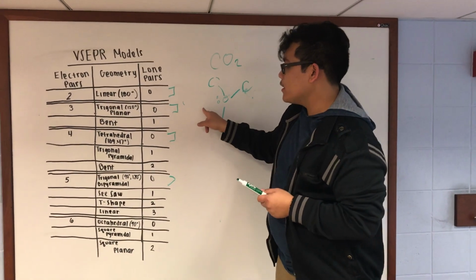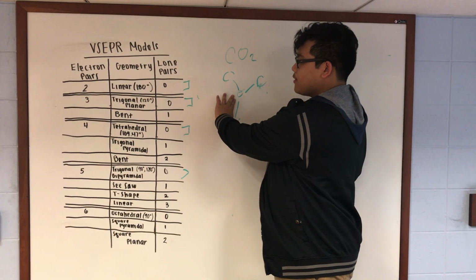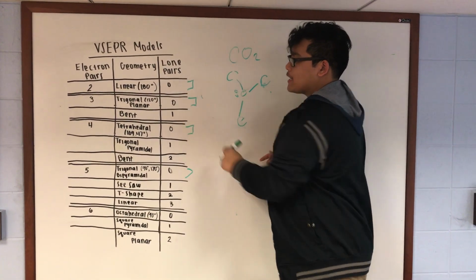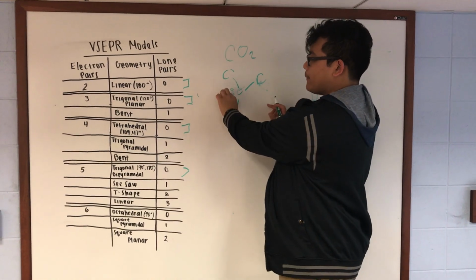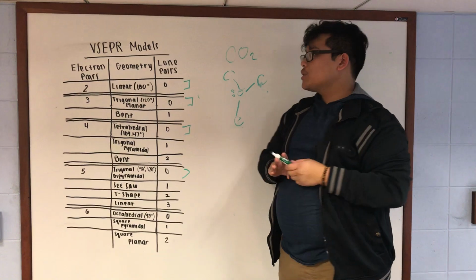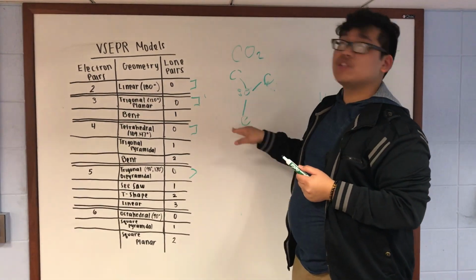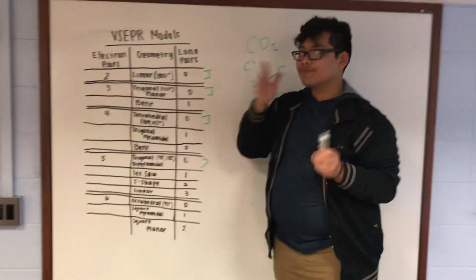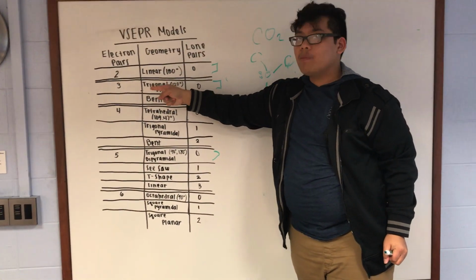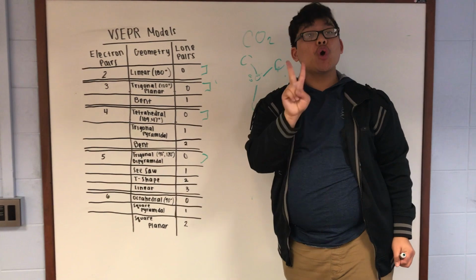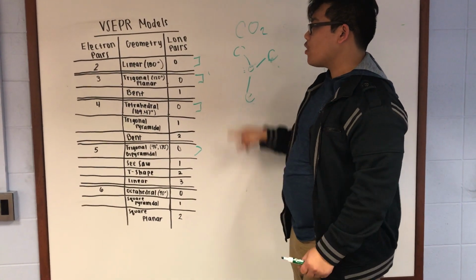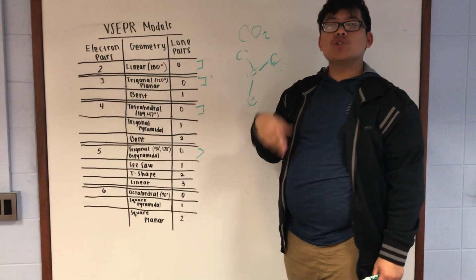Without this lone pair, it's just going to be trigonal planar. With the lone pair, it's going to be bent, and the reason they call it bent is that this lone pair will shift the angle a bit. So when your formula has 3 electron pairs, it could have 2 names: either trigonal planar without the lone pair, or with the lone pair it's going to be bent. Keep that in mind.